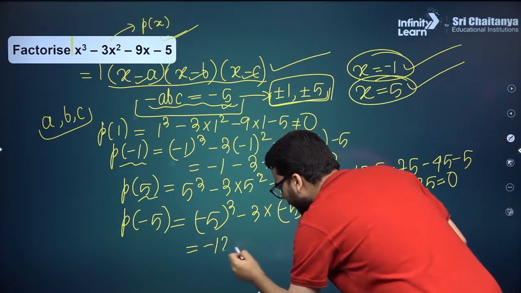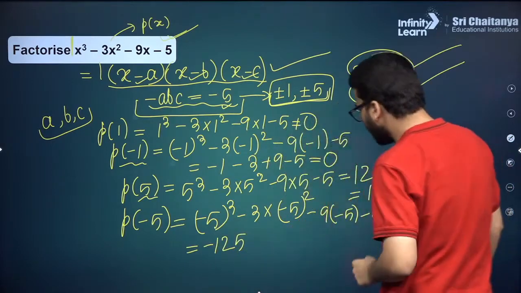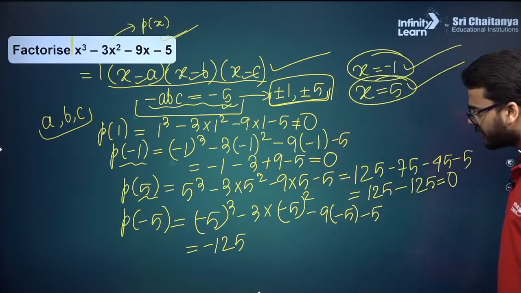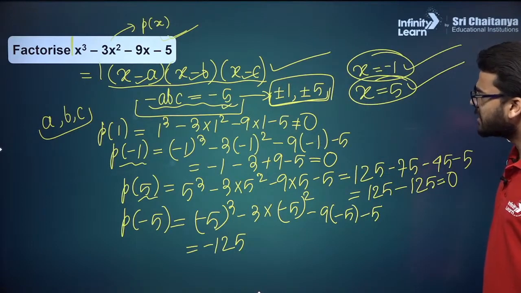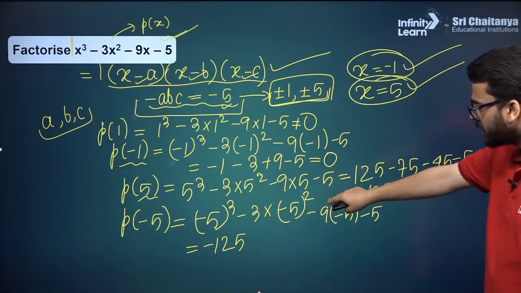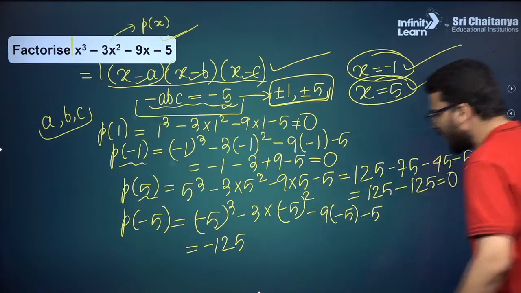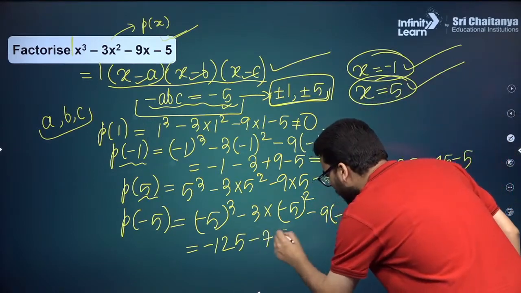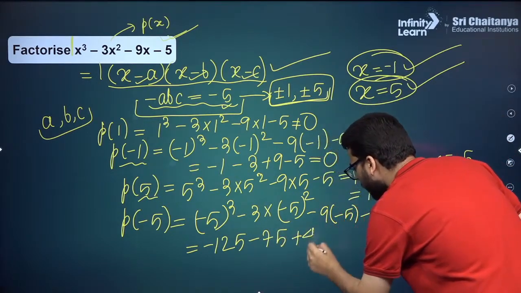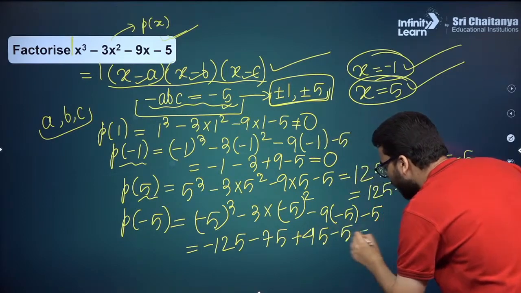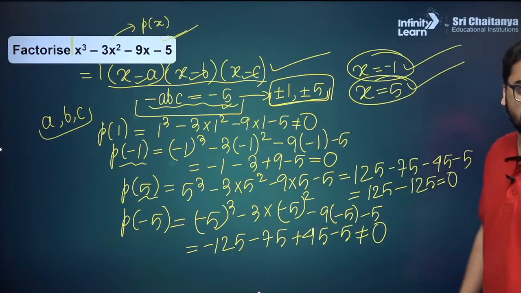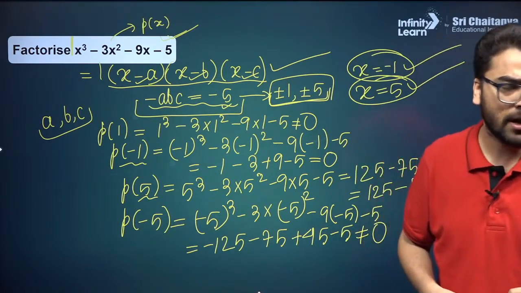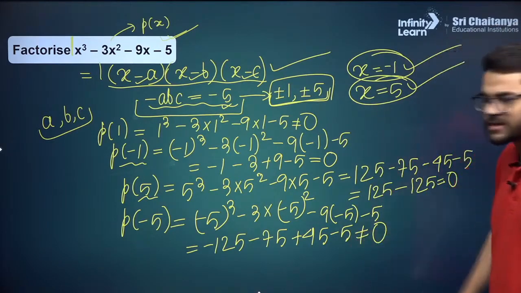So this is basically -125, and this is not coming out to be 0 over here. I hope it is clear to every student in this session.